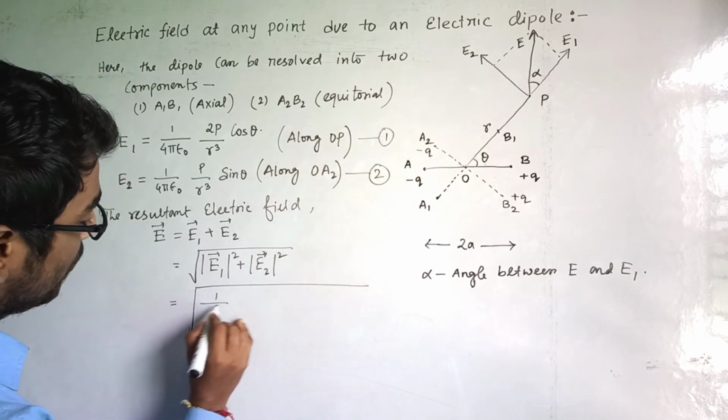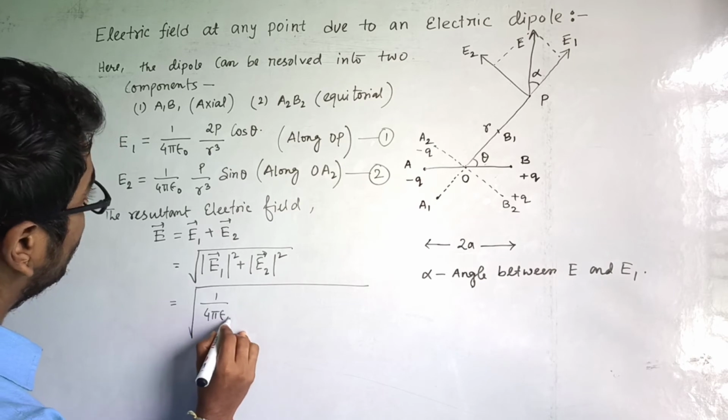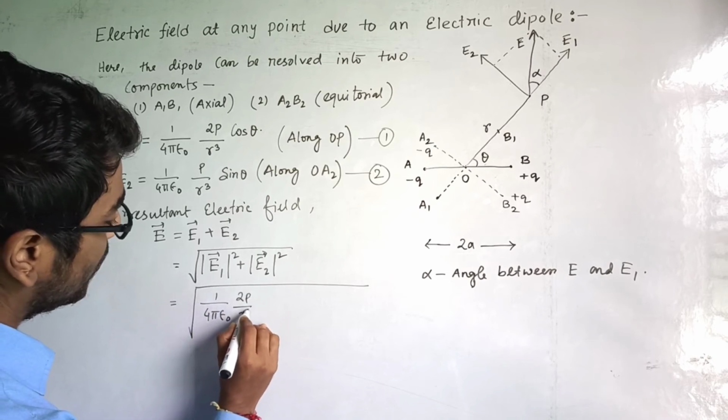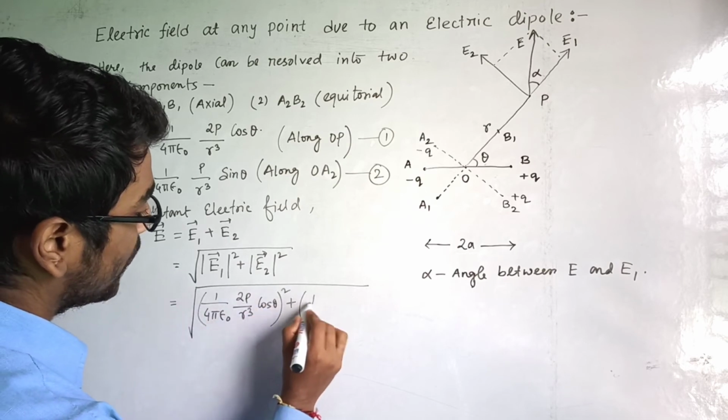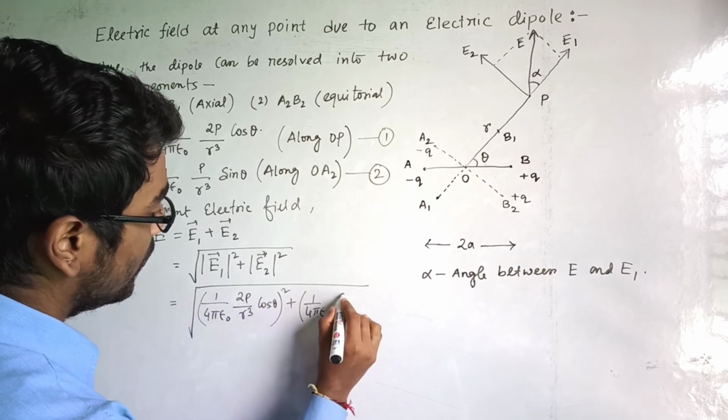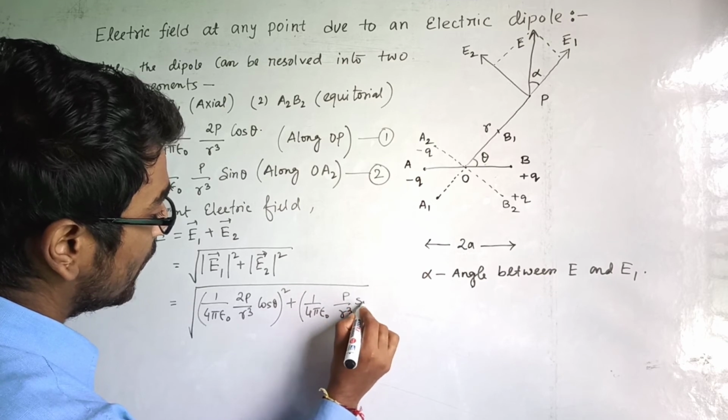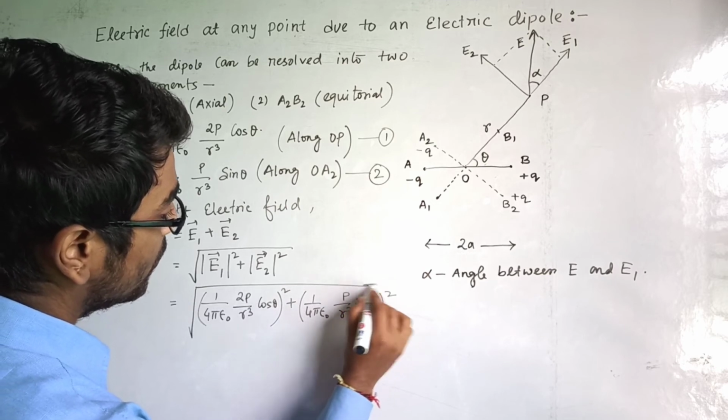If we put the values, 1 by 4 pi epsilon naught 2p by r cube cos theta whole square plus 1 by 4 pi epsilon naught p by r cube sine theta whole square.